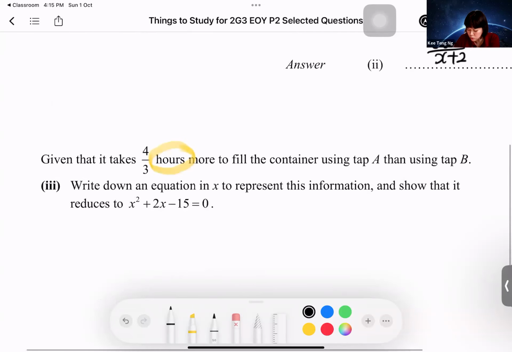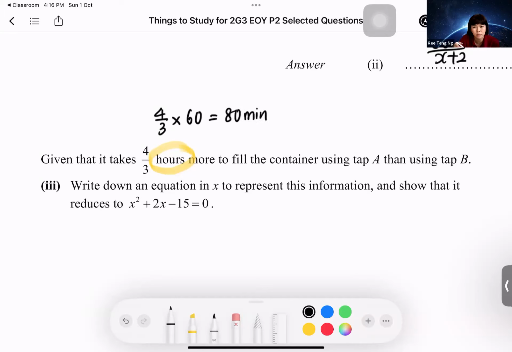So what do we need to change the 4 over 3 hours to? I need to take 4 over 3 multiply it by 60 minutes. You can either keep everything in minutes or everything in hours, but this one will be quite a big number. So 1 hour has 60 minutes. That gives me 80 minutes, right?